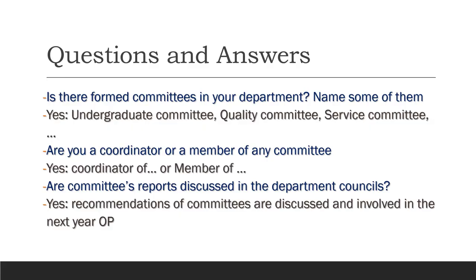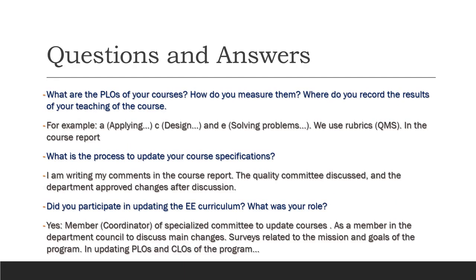These recommendations should be discussed in the department council, and some of them can be used in the next operational plan. Some of them can be solved directly, and maybe some of these recommendations are not of high importance and can be ignored. What are the program learning outcomes of your courses?